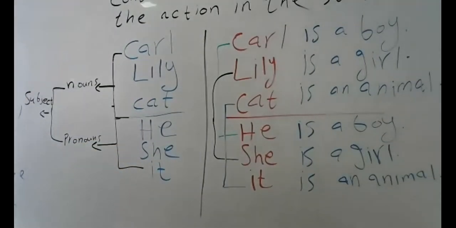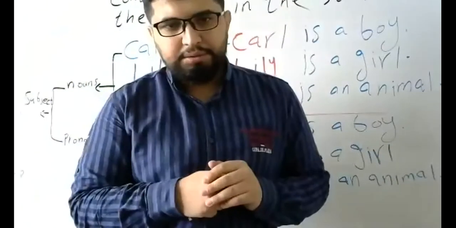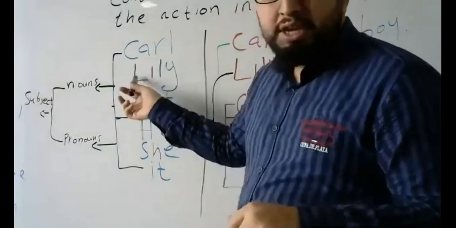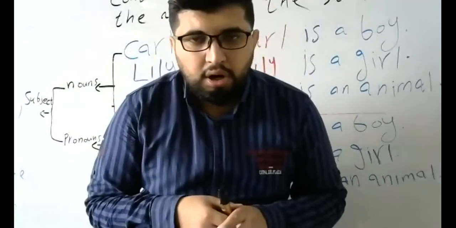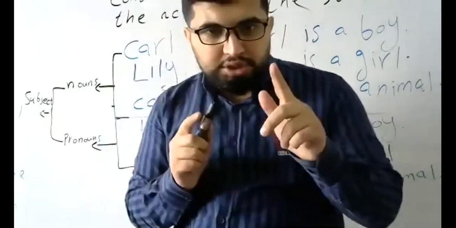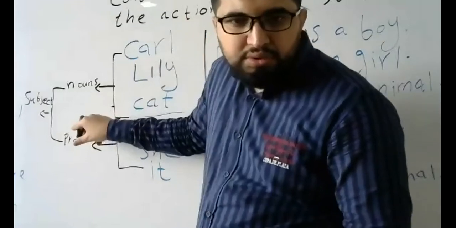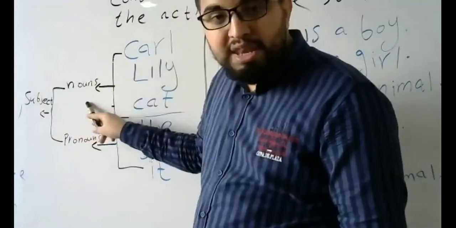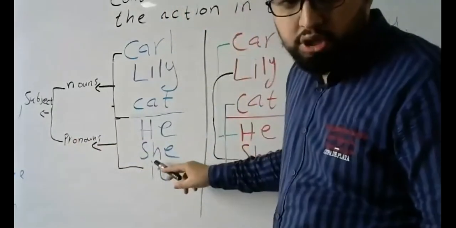So, if I ask you a question, for example, can you tell me what is Carl in a grammatical sentence? What is Carl? You don't tell me Carl is a boy. No. You will tell me Carl is noun. If I tell you, what is she?